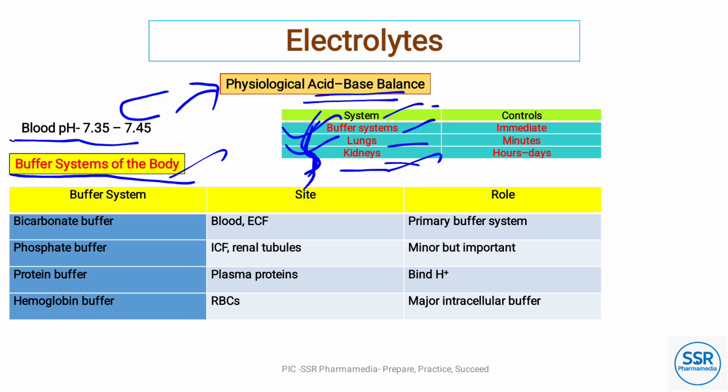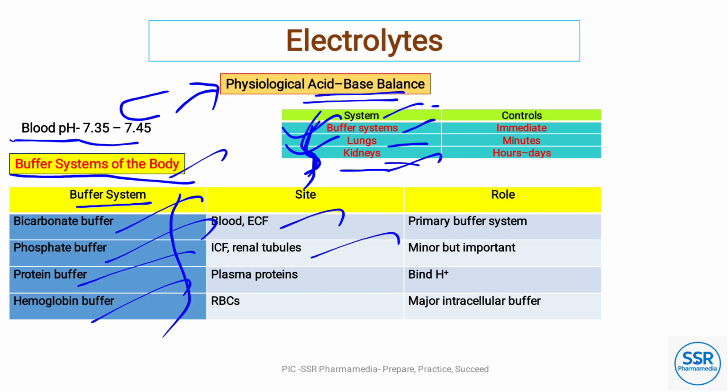Examples of buffer systems: bicarbonate, phosphate buffer, protein buffer, hemoglobin buffer. Bicarbonate acts in the blood and extracellular fluid. Phosphate acts in intracellular fluid and renal tubule.